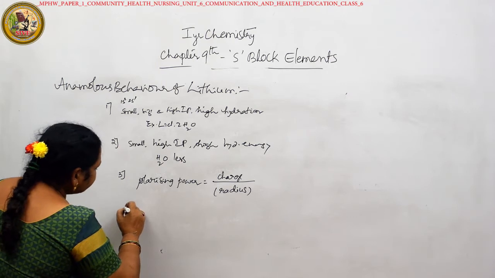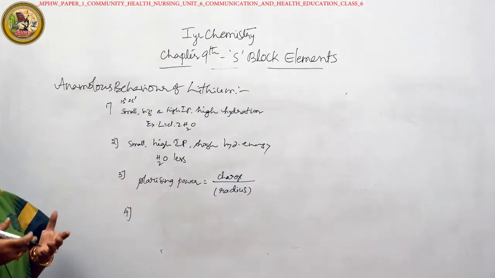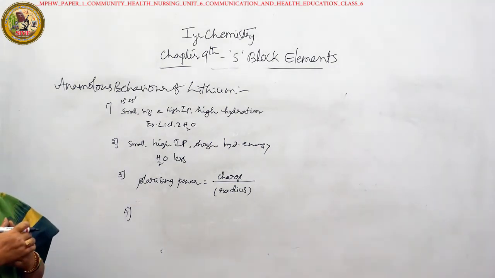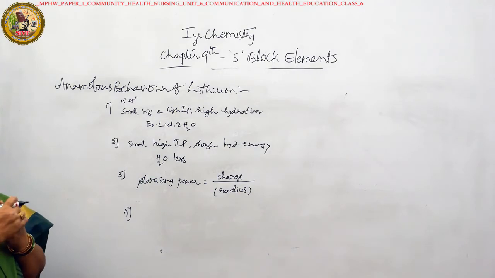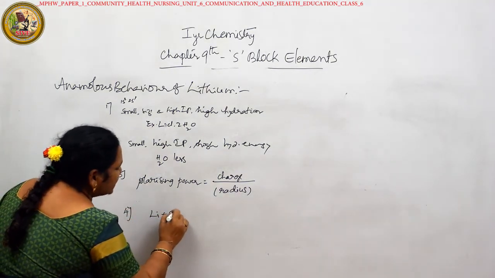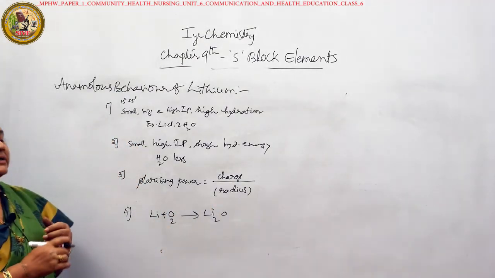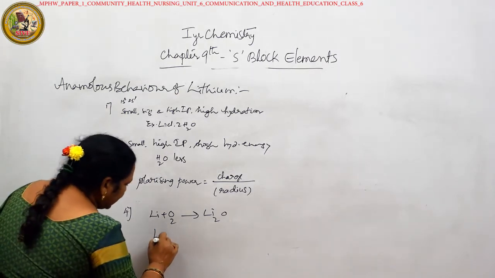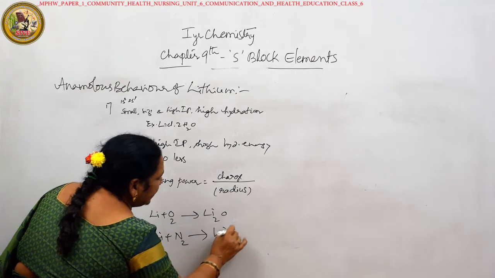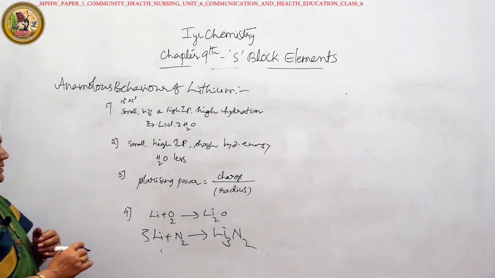Next, when lithium metal is exposed to the atmosphere, it takes oxygen from the atmosphere and forms lithium oxide. Not only lithium oxide, it also takes nitrogen from the atmosphere and forms lithium nitride.